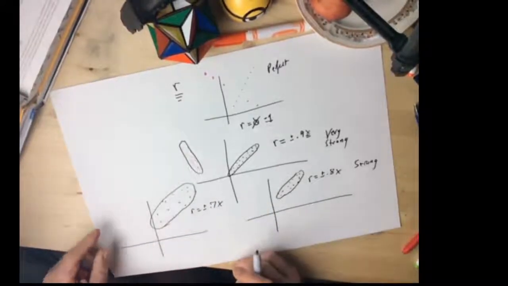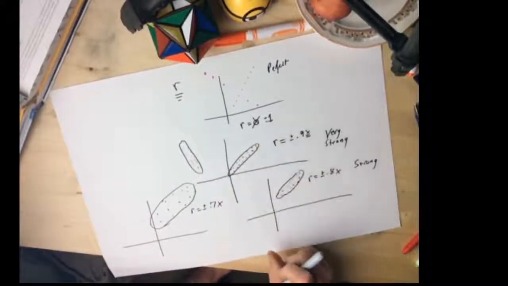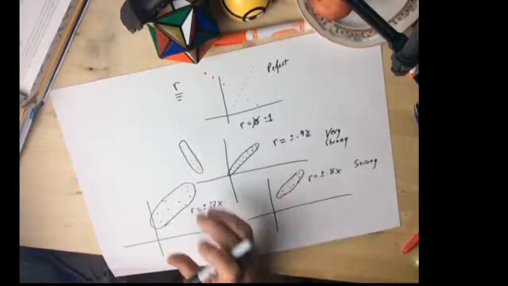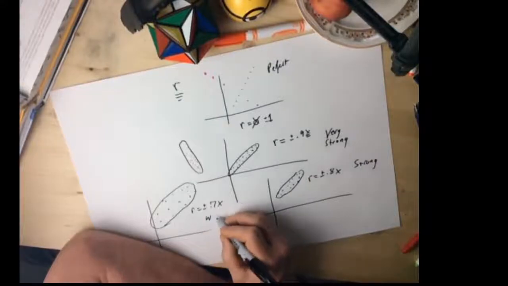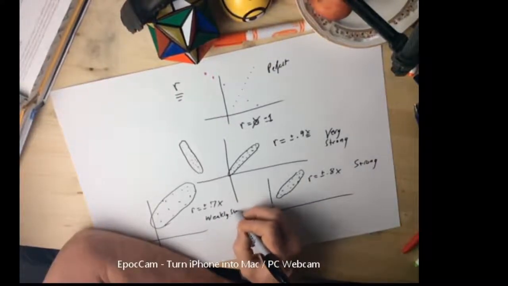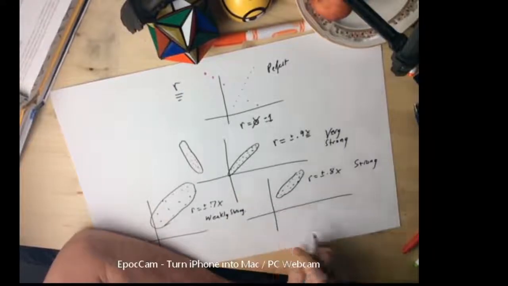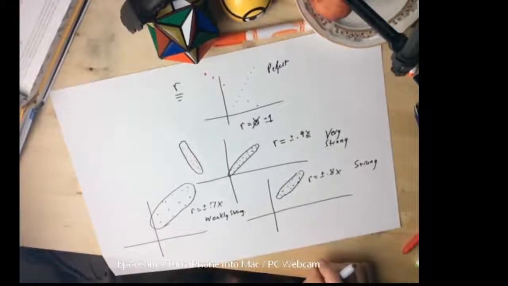Kind of like a pickle shape. Notice, it's very nebulous here, but one's longer and narrower, one's a little bit fatter, and one's getting fat here. And this one we call, strangely, weakly strong. Very strong, strong, weakly strong.